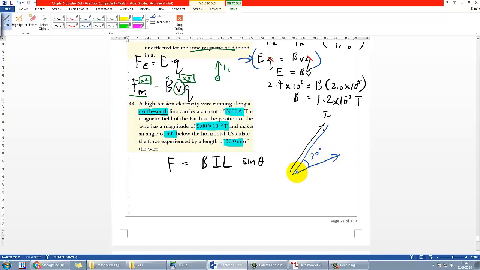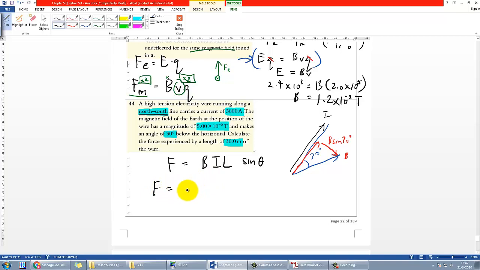You can imagine there are two components of this B field: one that is parallel with the current, and one that is perpendicular to the current. We want the perpendicular one, which is B sine 30. So B sine 30 is the correct one, and finally we are confident to move on.